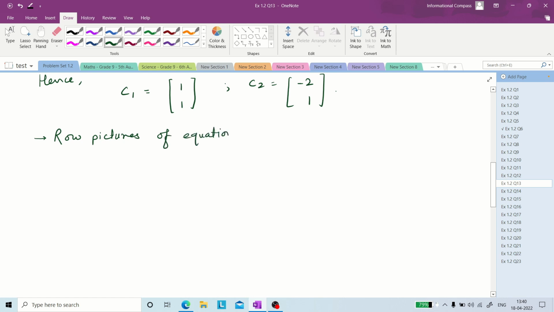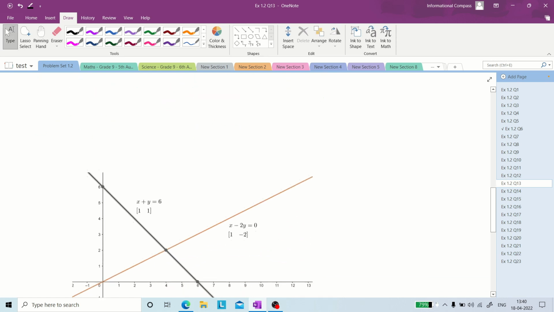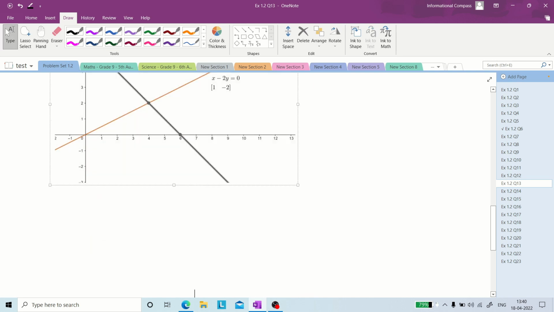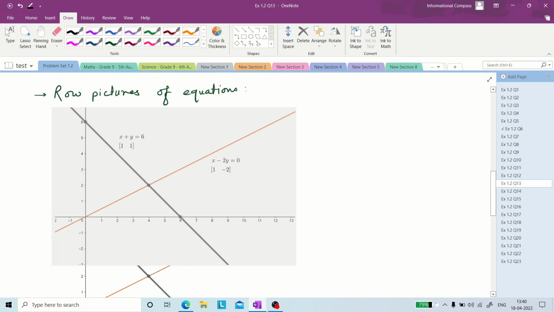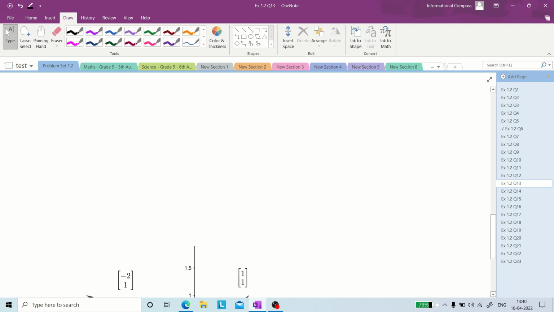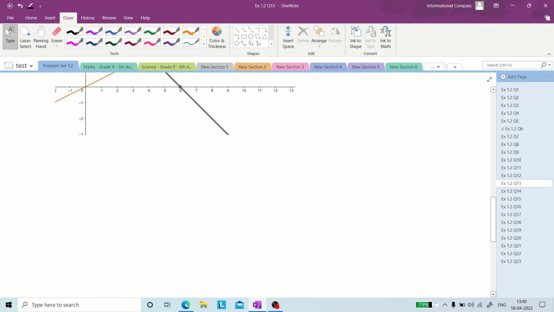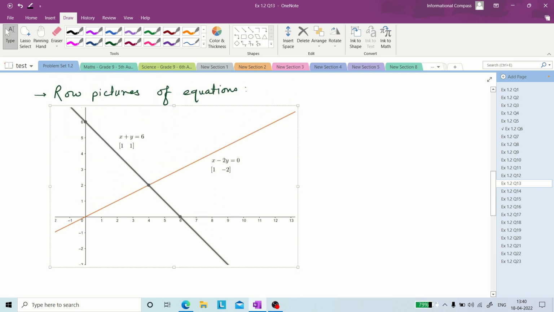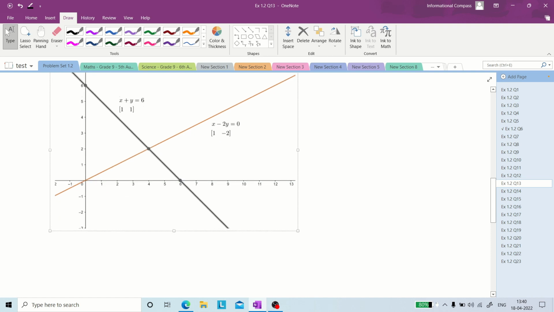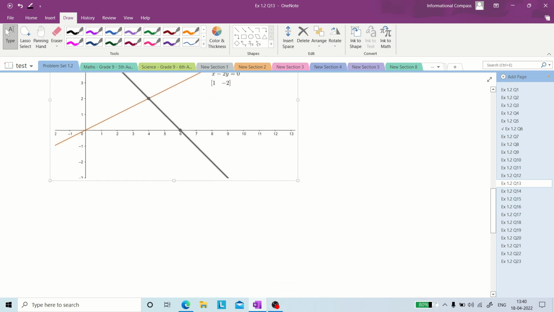Similarly, I do have the column pictures too. If you carefully observe, this is the row picture. You just need to plot the graph. That's it. And we know how to plot the graph, right? Consider the line equation and start drawing. That's it.